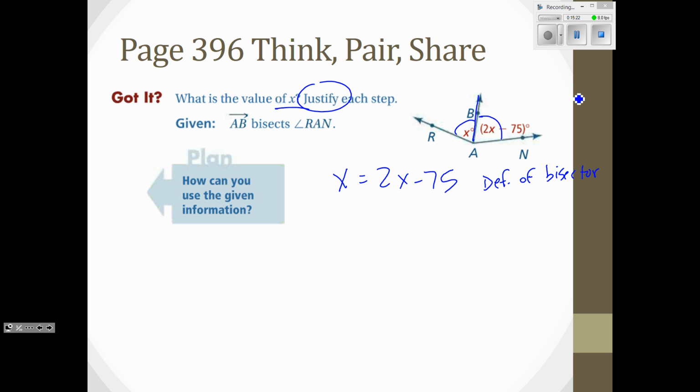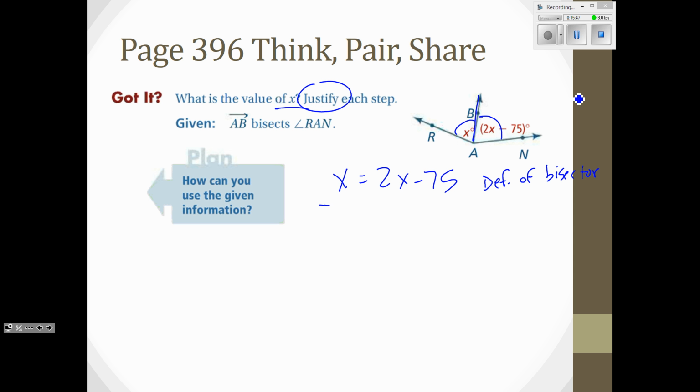Let's see. If I'm looking at this equation, Javessa, what am I going to do to solve for x from this equation? What would you do first? Okay, sure.